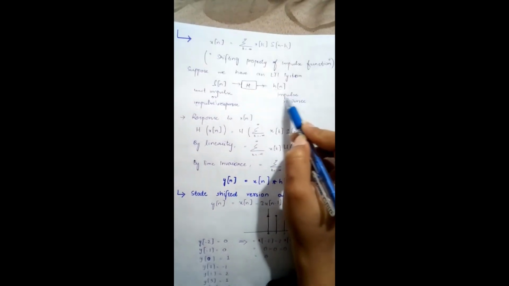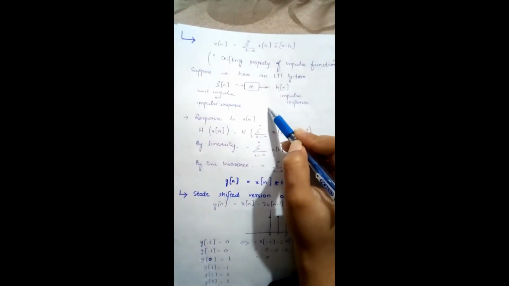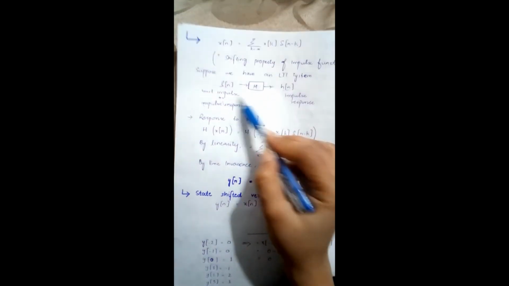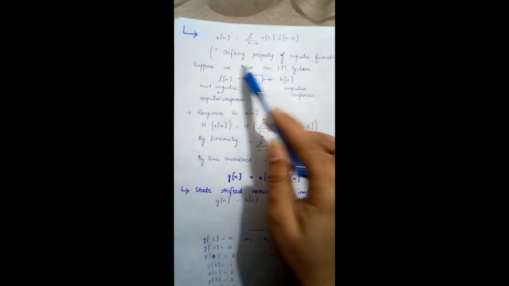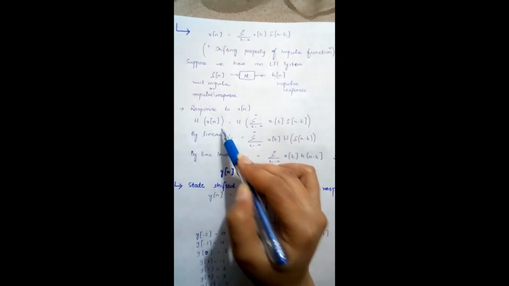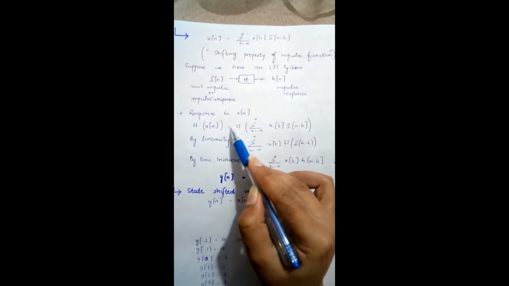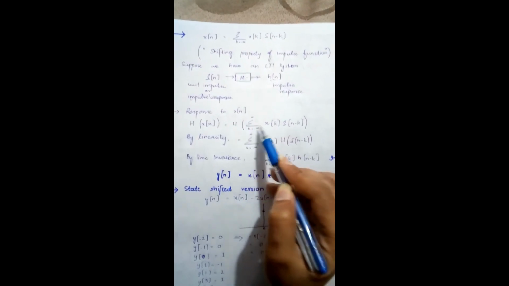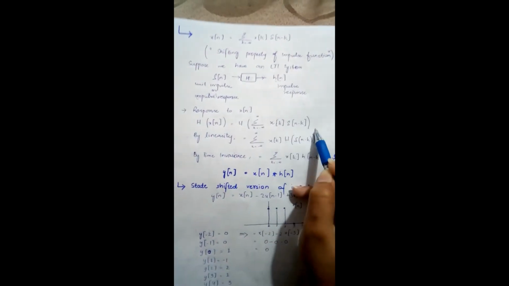So for impulse response, we will consider the impulse function as an input variable. Now the response to x of n, if we pass this function to the system, it will convert into h of x of n, and similarly h of summation of x of k into del of n minus k.